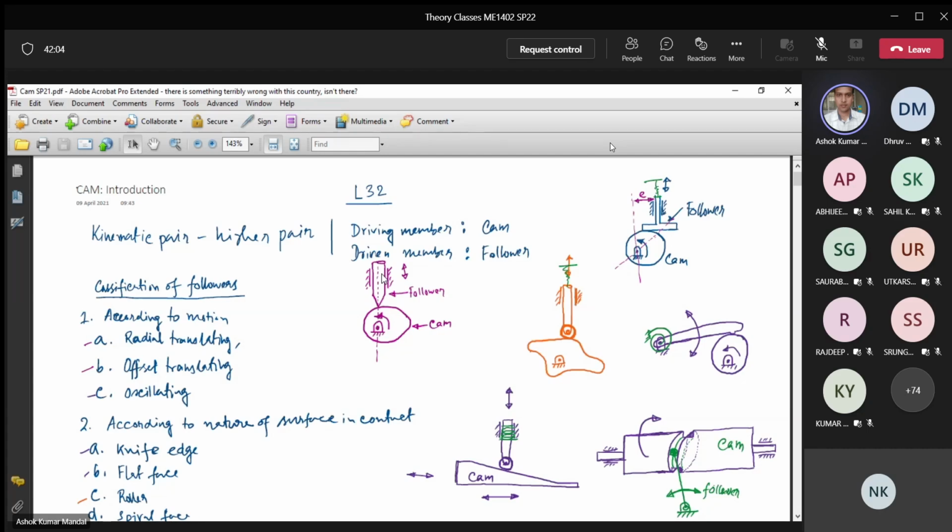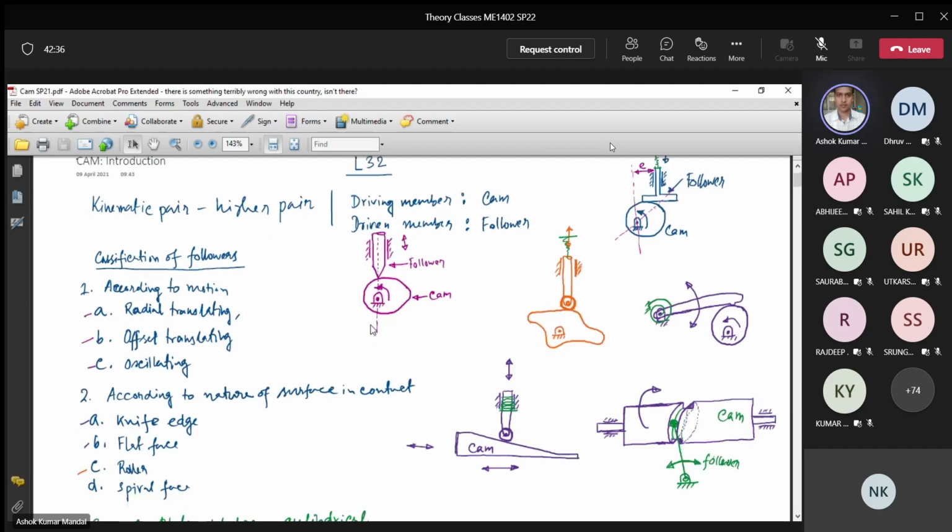All those motions can be obtained using a cam profile and follower. We can design the cam for a particular application.